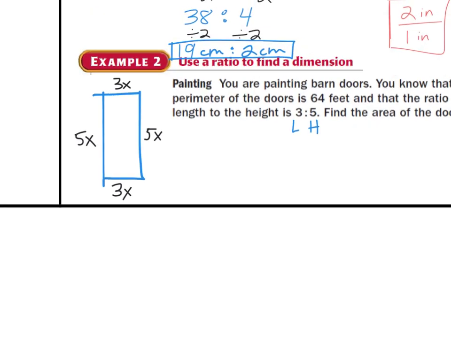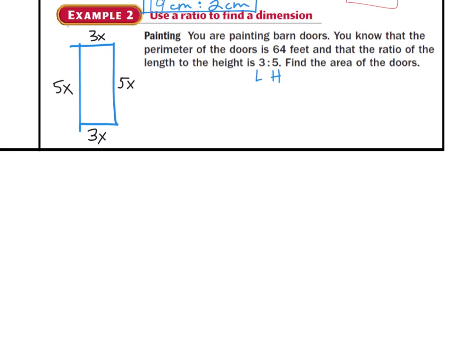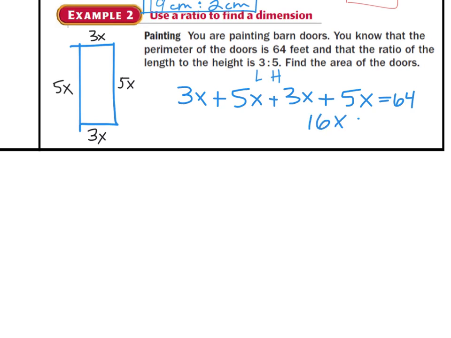So we'll write an equation and solve it. 3x plus 5x plus 3x plus 5x would be equal to 64. You got a bunch of like terms, combine them. And then please solve.